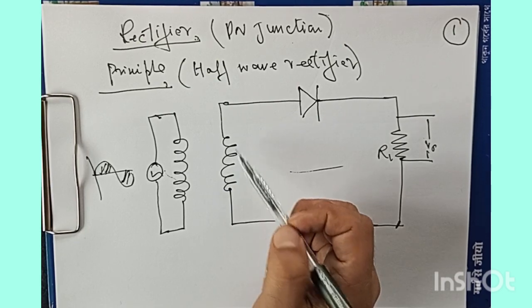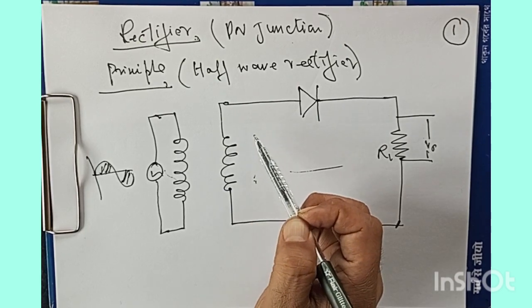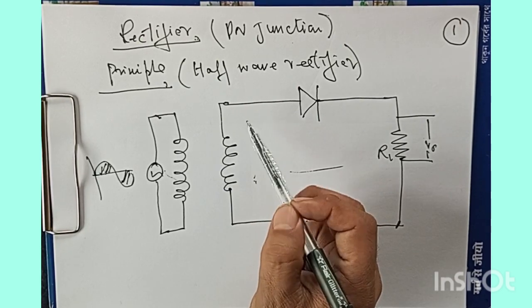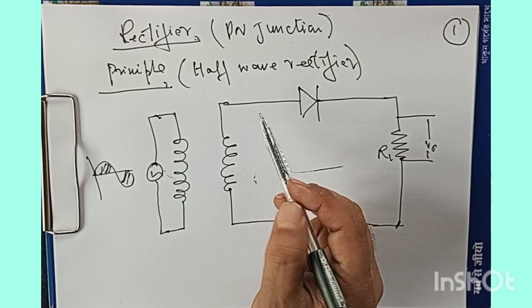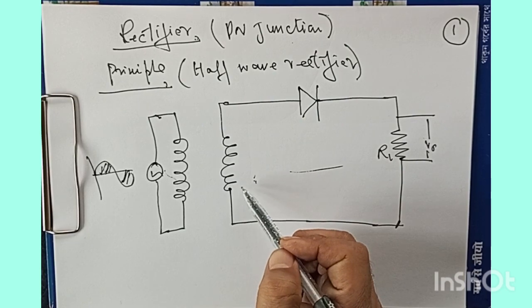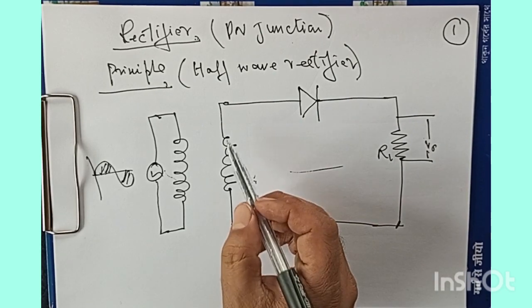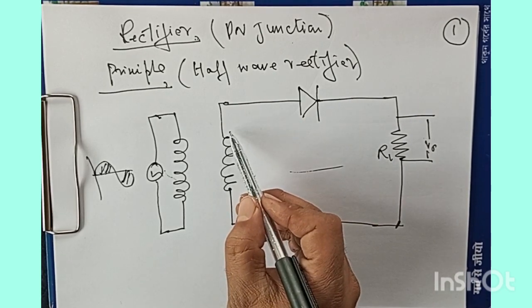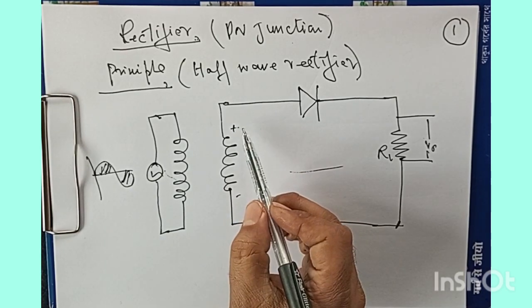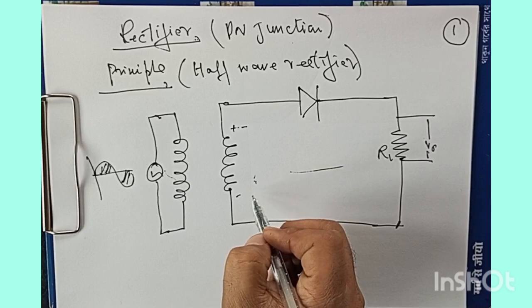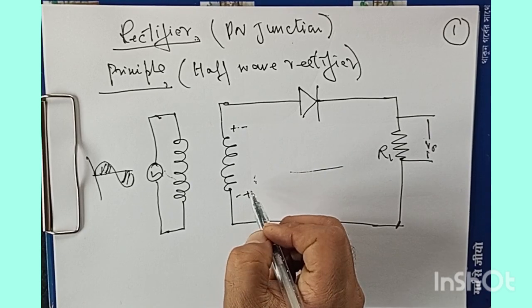Now the direction of this induced EMF is such that the upper end of the secondary coil becomes negative and the lower end becomes positive. So in the first case, this was positive and this was negative. In the second case, now this is negative and this is positive.